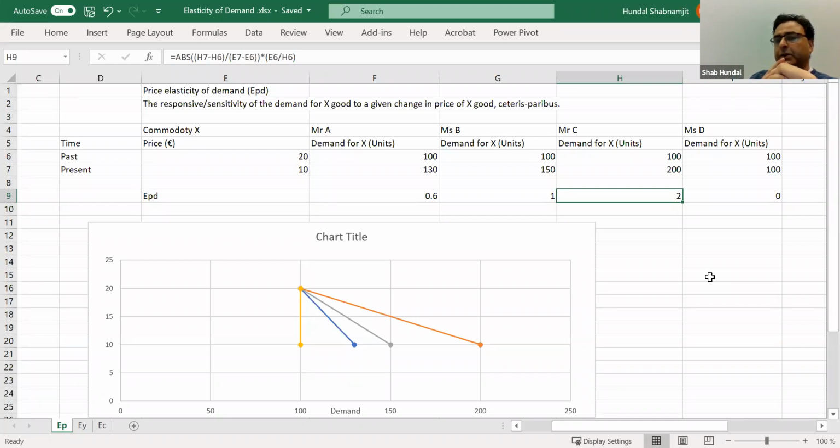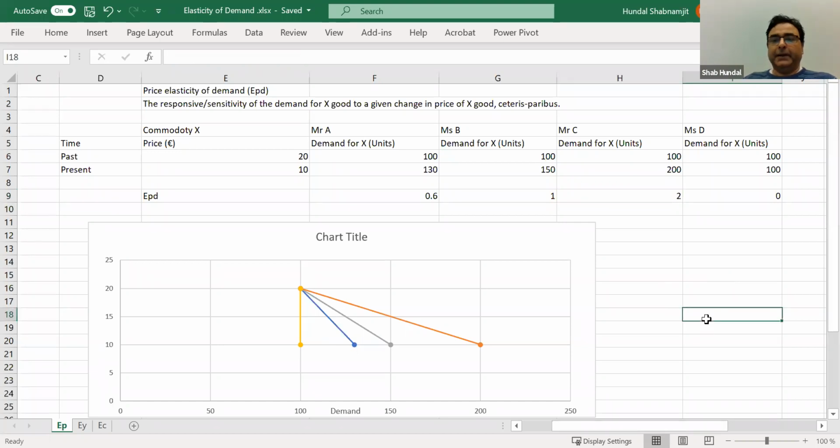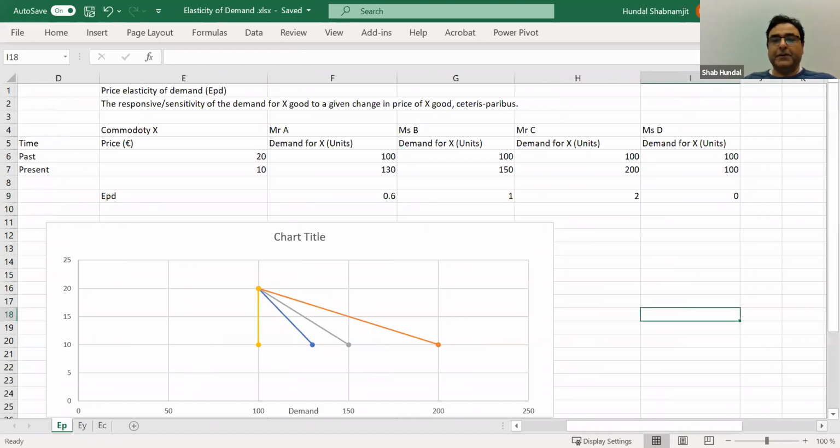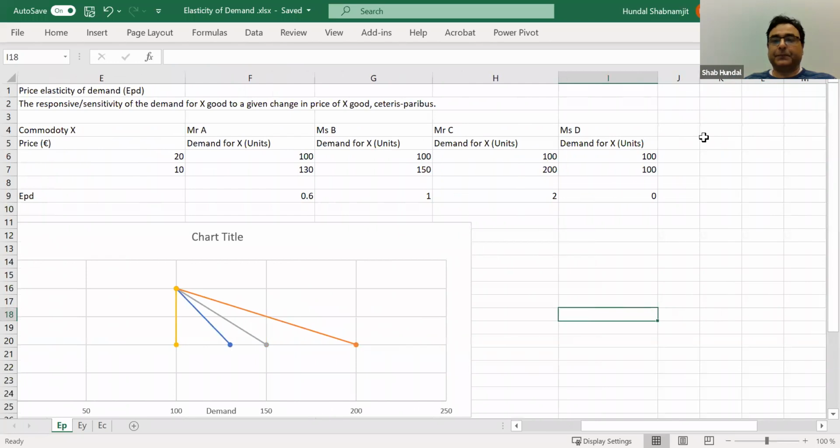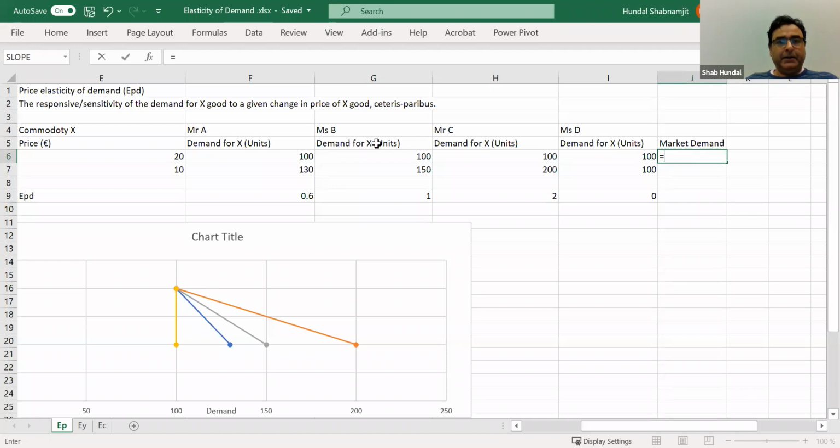But you can see here that different consumers have different demand. Okay, and if there is a society where we have only 4 consumers, then we can also find the market demand. I didn't write it down in my original spreadsheet, but I can do it now. If there's a market demand, then I can just add all the demand made by all the consumers.